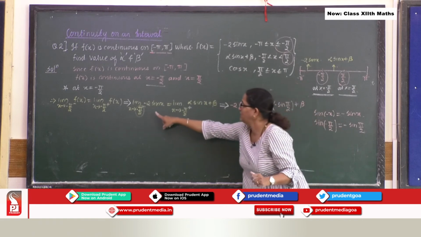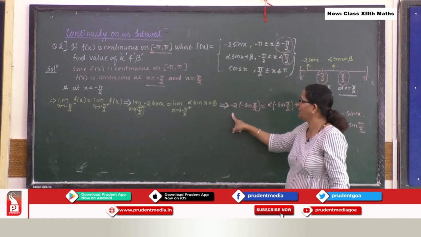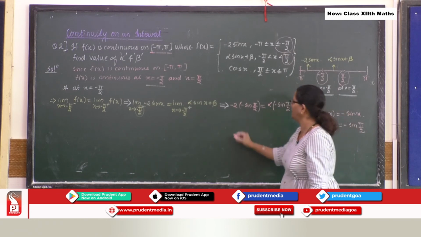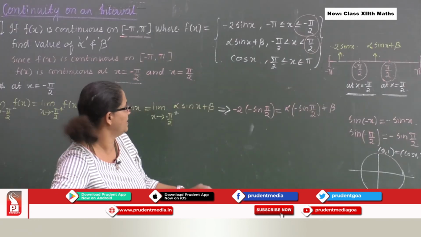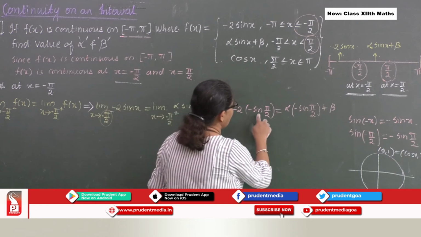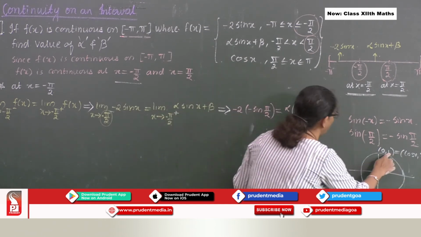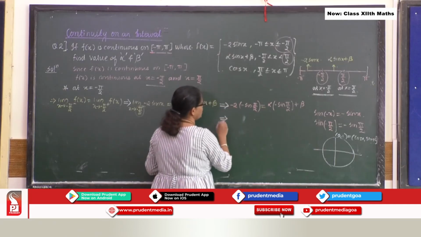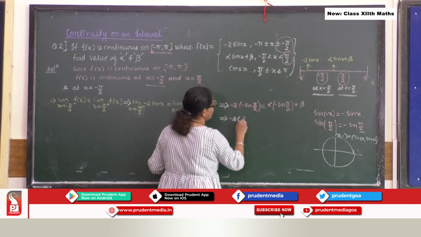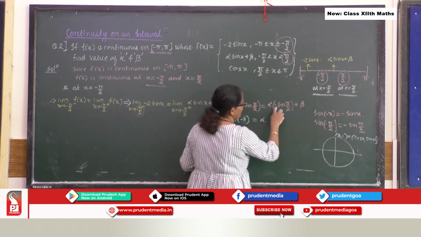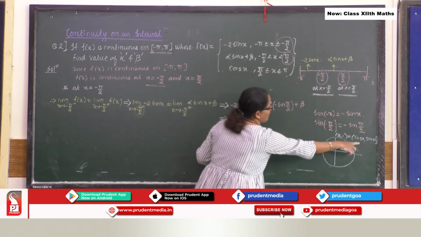Now look at it, the limit operator disappears. Why? Because I substitute that limit value over here. Now let us proceed. What is minus sine pi by 2? It's minus 1. So over here we get minus 2 into minus 1 equals alpha times minus sine pi by 2 plus beta.